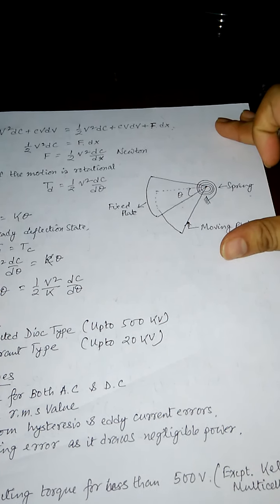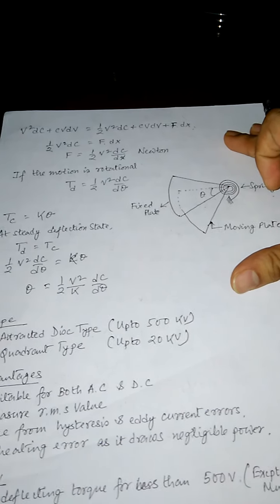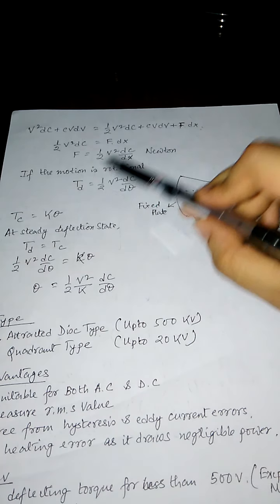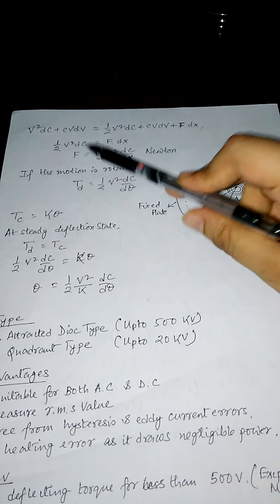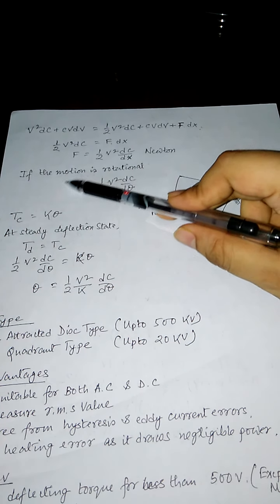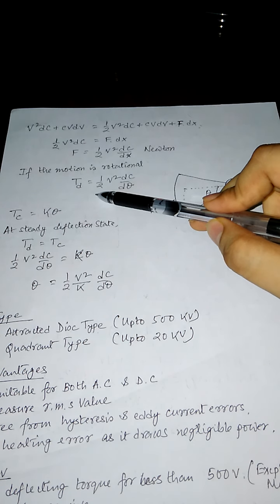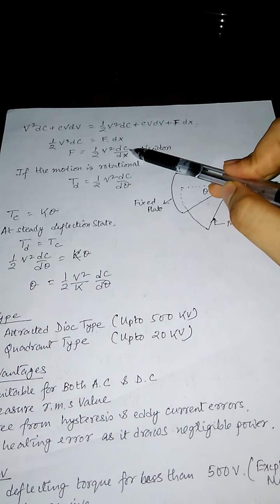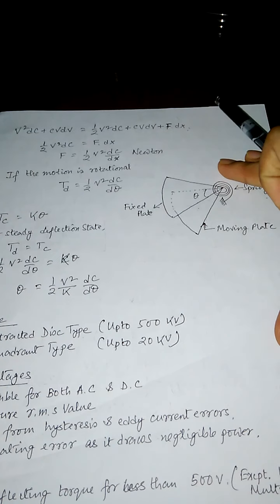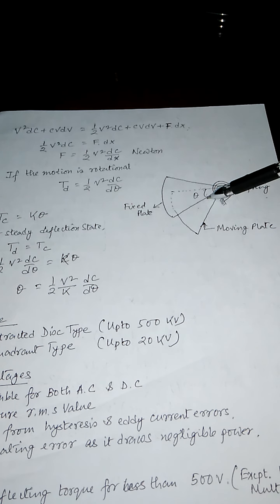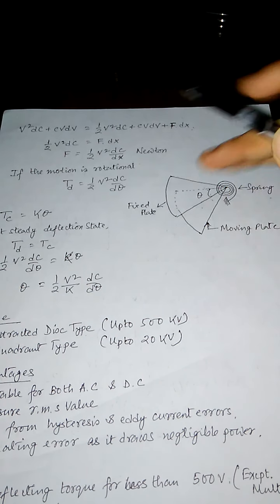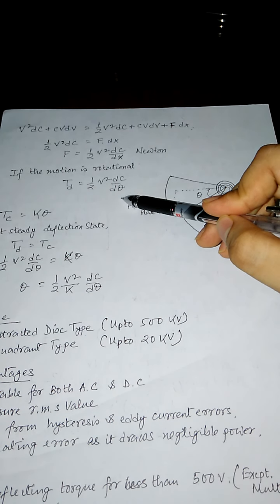Then for the rotational motion, we replace the force by the concept of torque, that is the deflecting torque Td. So Td equals half V square dC, and this dx will be replaced by d theta, because this is an angular, rotational motion. So that is half V square dC by d theta.